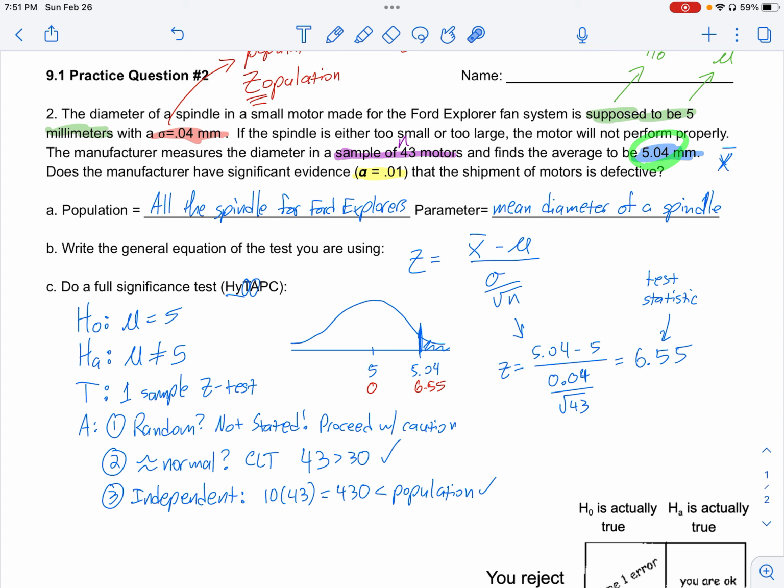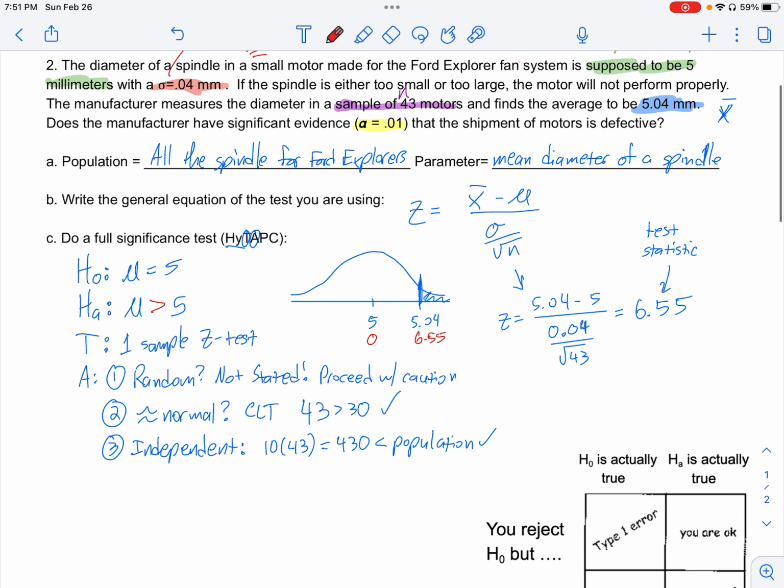I just had a brain fart, or realized I had a brain fart. 5.04 is greater than 5. So I think I'm going to retract my statement here about the two-sided. Since my sample average is greater than 5, I think I'm going to put a greater than sign in there and make this a one-sided test. So as I drew this diagram, it helped me realize what I should put right here.